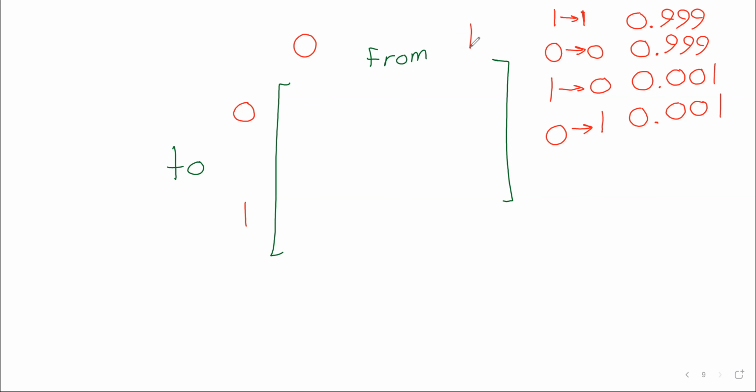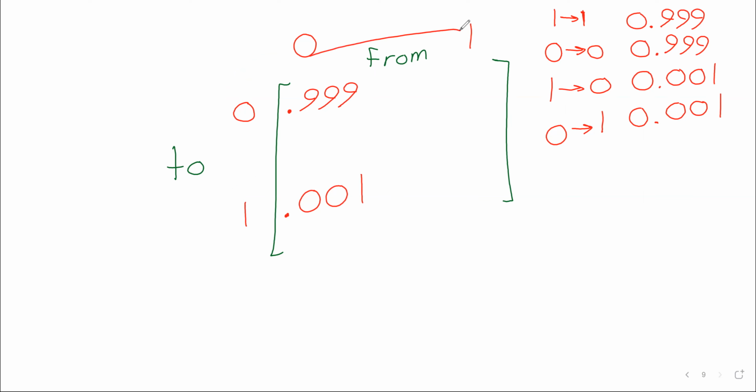And then we can go down. The probability of going from 0 to 0 is 0.999. The probability of going from 0 to 1 is 0.001.